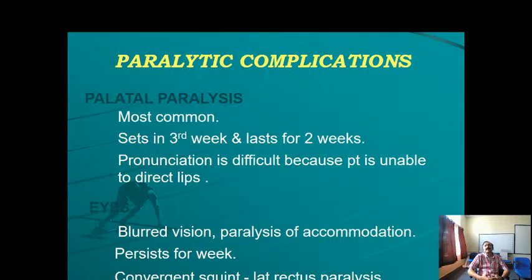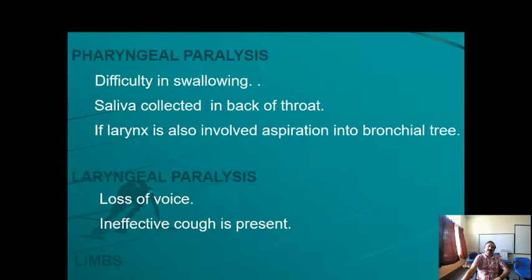Palatal paralysis is the most common, sets in the third week and lasts for 2 weeks. Pronunciation is difficult because the patient is unable to direct the lips. Because the eye muscles get paralyzed, you have blurred vision and paralysis of accommodation, which may persist for a week. A convergent squint may occur due to lateral rectus muscle paralysis.